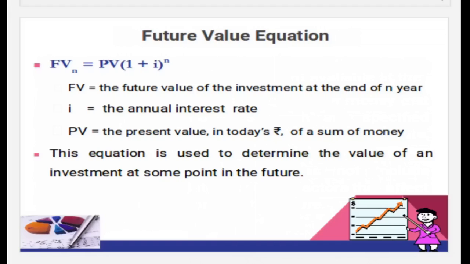This equation is used to determine the value of an investment at some point in the future. Here, if you observe, you input the future amount that you expect to receive in the numerator of the formula.